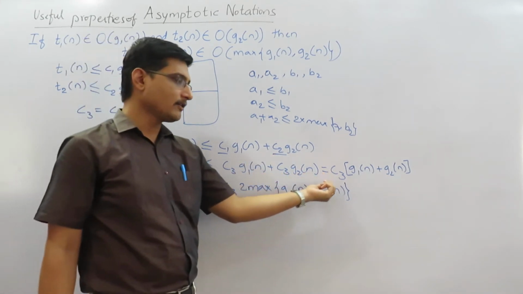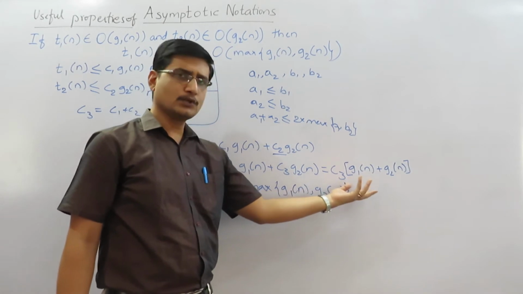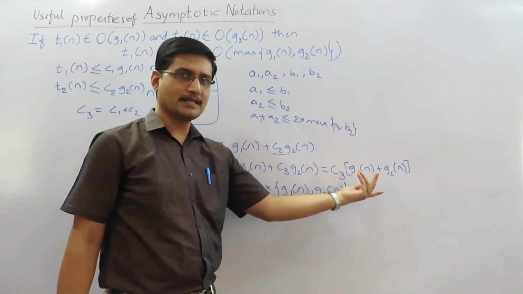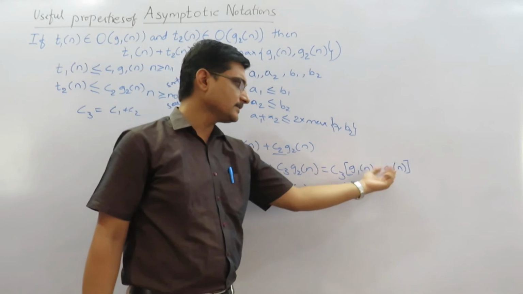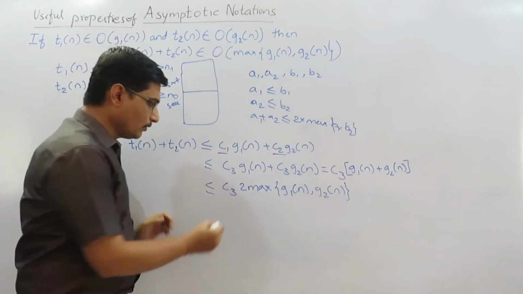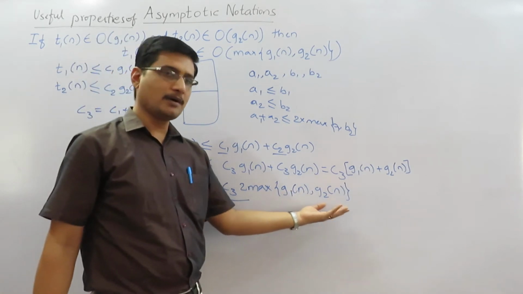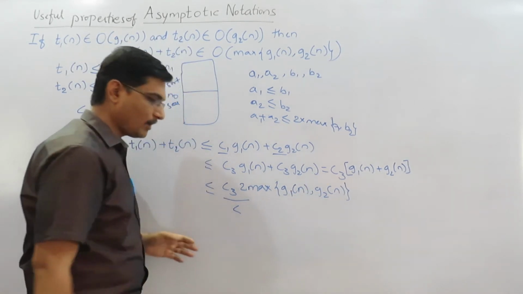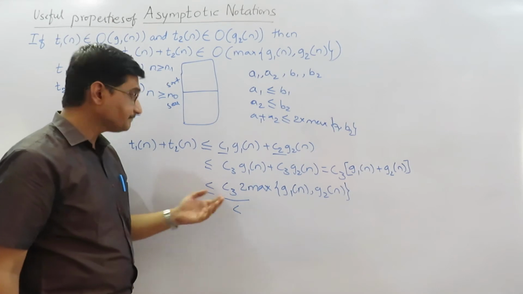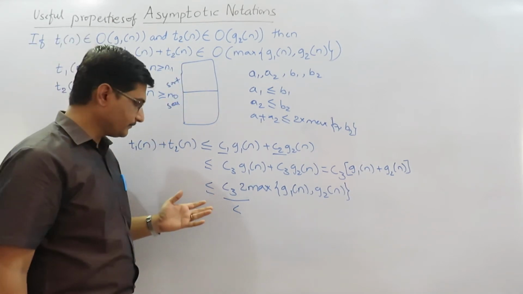So C3 we can take common, which gives 2 into C3 into maximum of G1 comma G2. If we replace this by some constant C, then the theorem is proved.